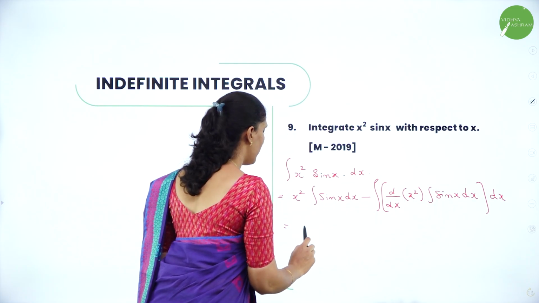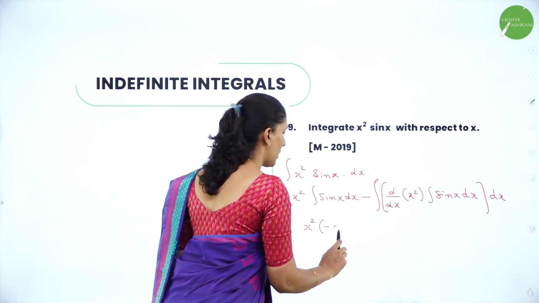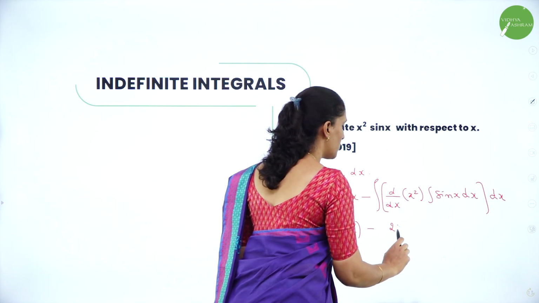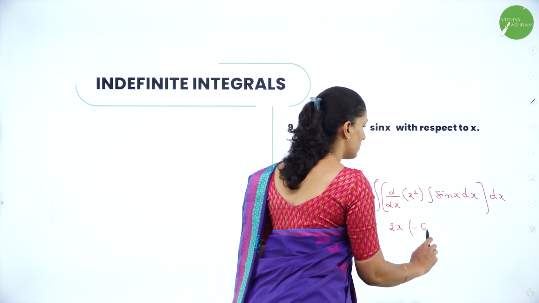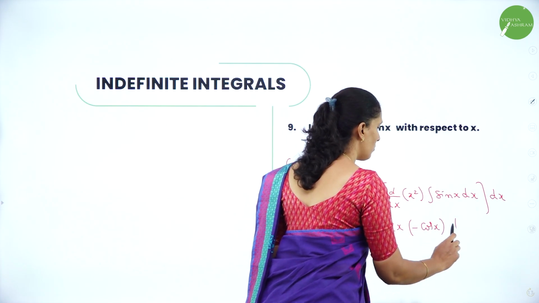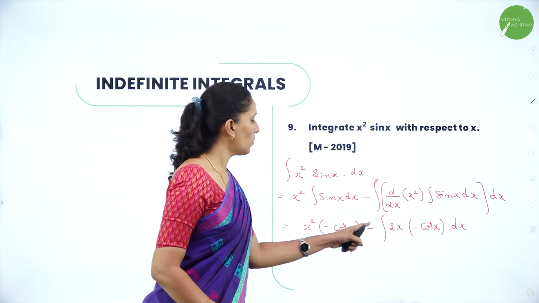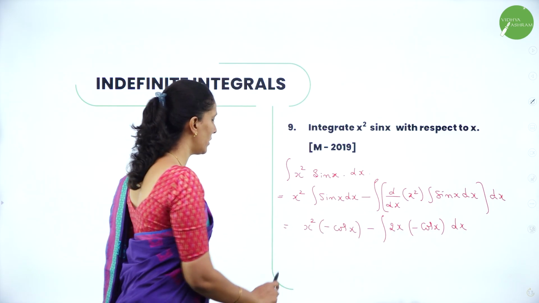So here we have x square times minus cos x, minus derivative of x square, which becomes 2x, into minus cos x. Outside we have dx. So we can take 2 outside the integral, and the minus outside the integral.